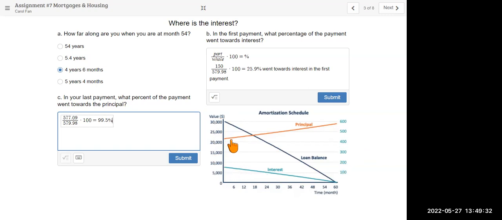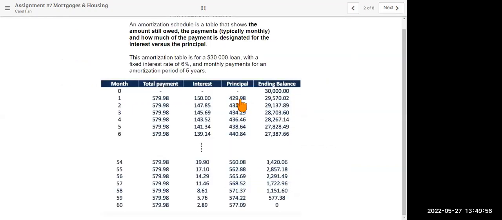What it's saying is that in our first payments, a large part of the money we're paying back is actually interest. As time goes on, more of your payment is going towards the principal than interest. So you see the principal is increasing each time, the interest is decreasing, even though our total payment is the same every single month.